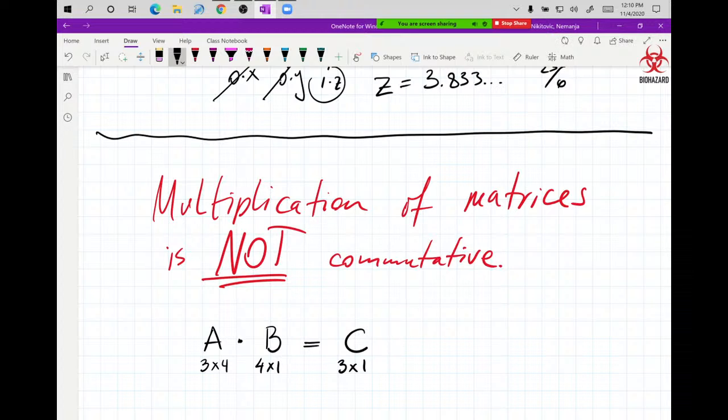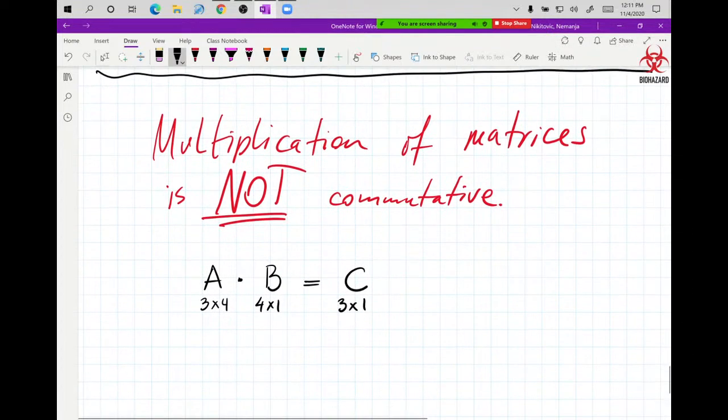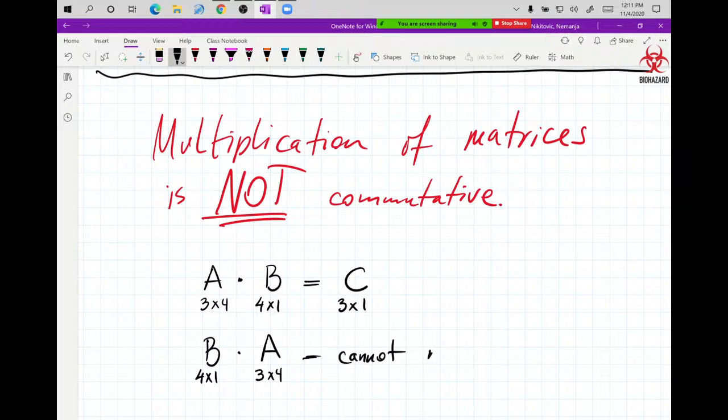We're all happy there, right? Now, if you try to swap these two, I hope you immediately see the issue. Cannot multiply, right? Why can't I multiply?